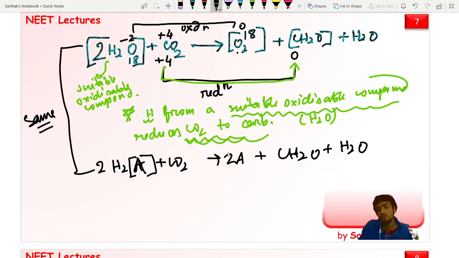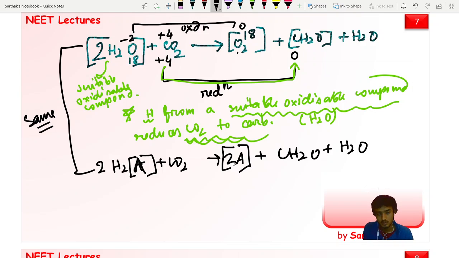Okay, then when H2S is used as substrate, then sulfur will be produced, oxygen will not be produced. More or less this process is the same. Where oxygen is evolved there is H2O, and where sulfur is evolved there is hydrogen sulfide, or there might be many suitable oxidizable compounds which are undergoing oxidation.